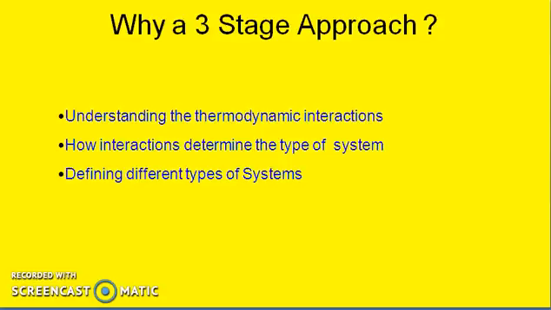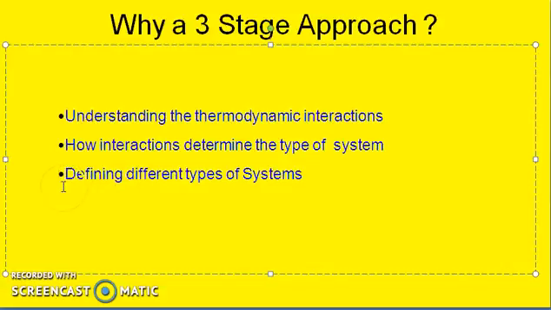The next obvious second stage is how these determinants, namely the thermodynamic interactions, decide the types of the system. The correlation between these two is the second stage, and the third and concluding stage being defining different types of systems based on the first and the second stage.